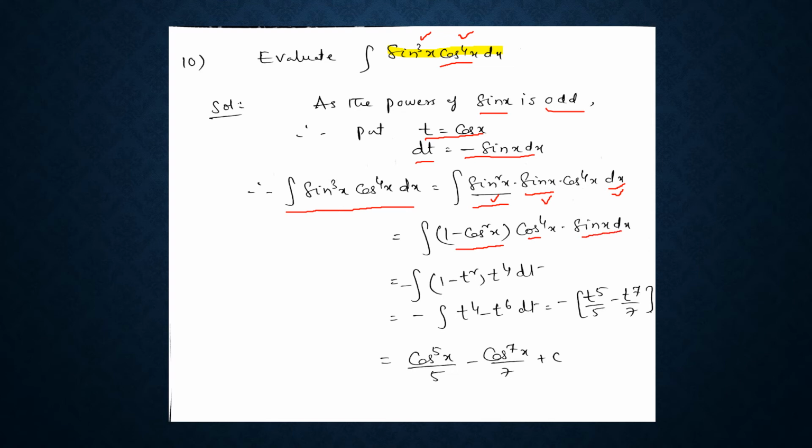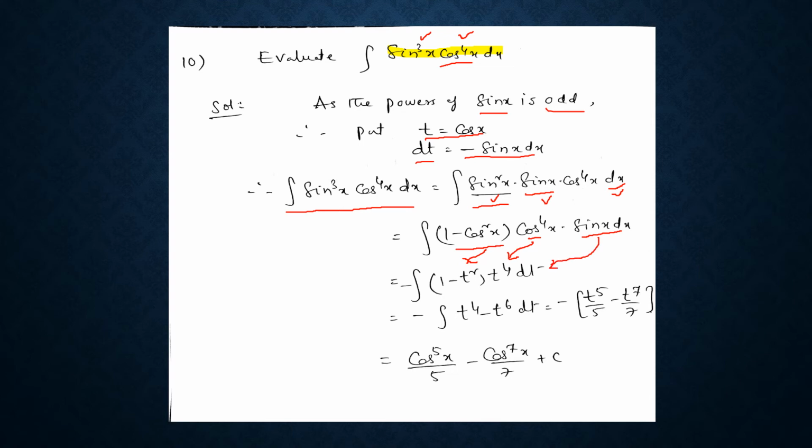Now put cos x equal to t. That is equal to the integral of 1 minus cos square x, meaning t square, into t to the power of 4, with sin x dx equal to minus dt.